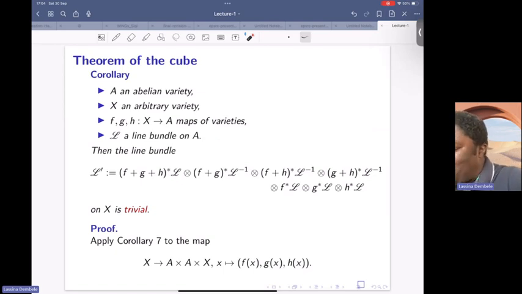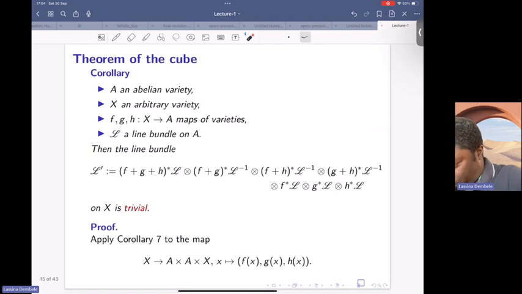If I let L prime be the line bundle that I get by taking the pullback of L by the sum of the three maps, tensor the pullback of L inverse by f plus g, tensor the pullback of L inverse by f plus h, tensor the pullback of L inverse by g plus h, and then finally take the tensor product of these, then I get a line bundle which is trivial.